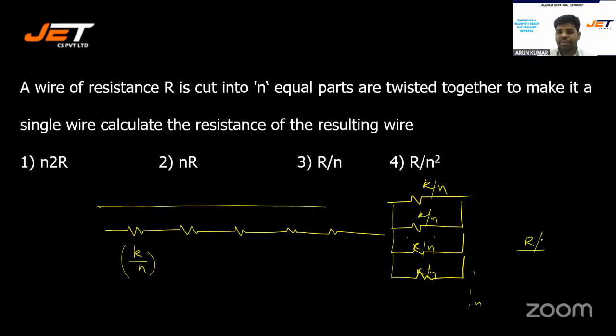R by n, which is R by n square. No, R by n is the resistance of each segment, students. I connected each segment again in parallel. So you'll get the fourth option, R by n square.